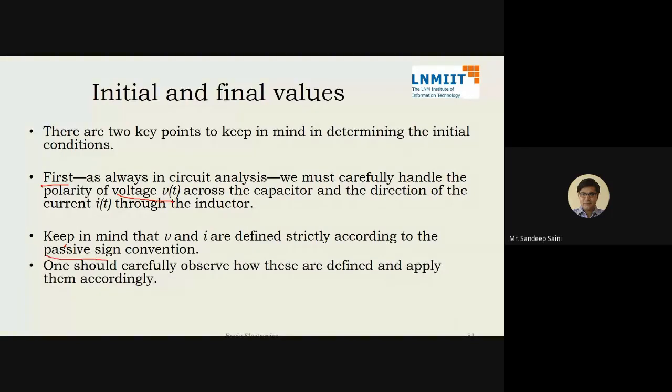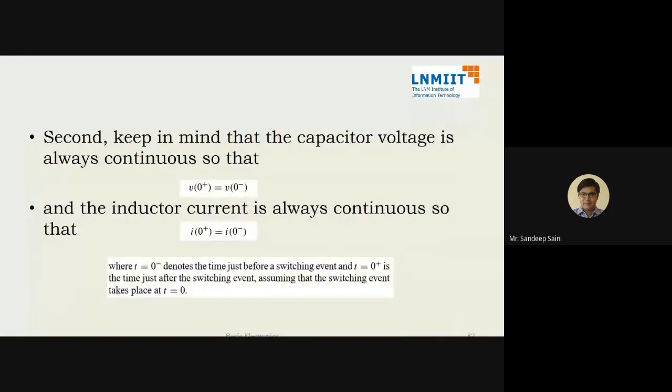Secondly, carefully observe how these are defined and apply them accordingly. Second thing, keep in mind that voltage across a capacitor and current in an inductor will not change immediately. Other things can change.